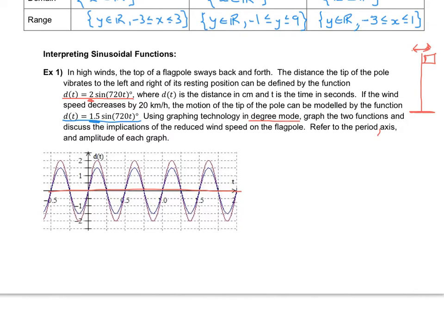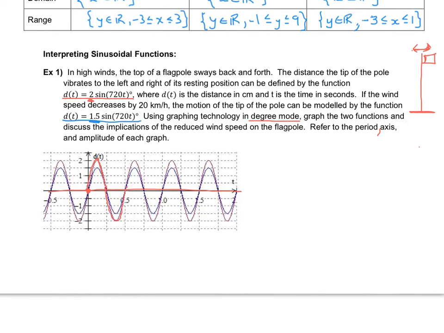So what the axis of the curve represents is the straight up and down of the pole if there was no wind at all. However, the wind comes along and pushes it to the right by 2 centimeters. It gets as far as it is going to go, and then it comes back to the center resting position, but then it sways to the left by 2 centimeters and back to the center again.